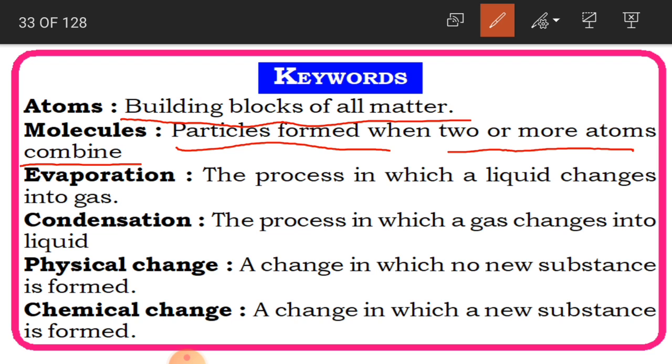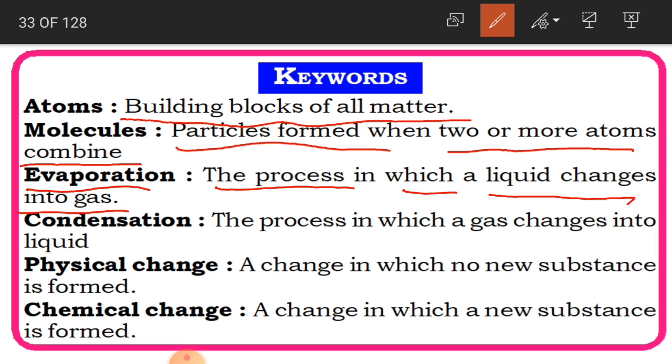And evaporation is the process in which a liquid changes into gas, like for example water vapor. When we heat the water, it gets converted into vapor, and that is known as evaporation, where a liquid, that is water, changes into gas as vapor.